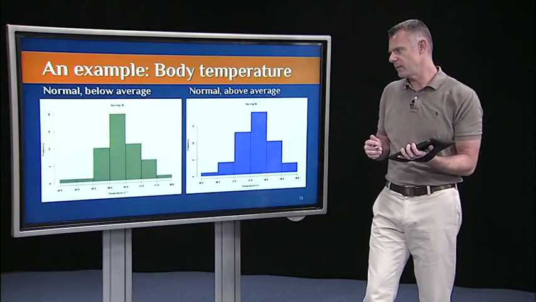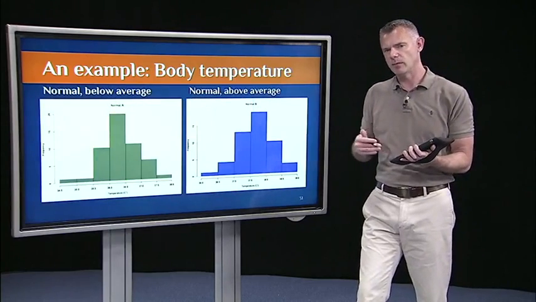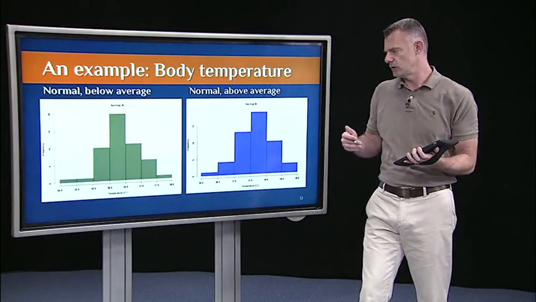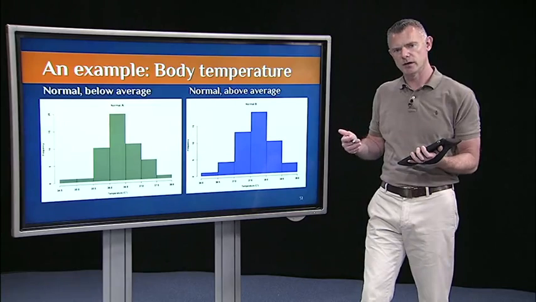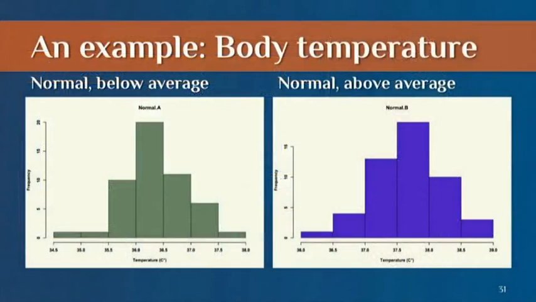Again, I'm just doing the same exact thing, except here I'm plotting everything in degrees Celsius instead of degrees Fahrenheit. So here, if you look at the average, this group is a little below average. If you look at the average for this group on the right, they're a little above average.